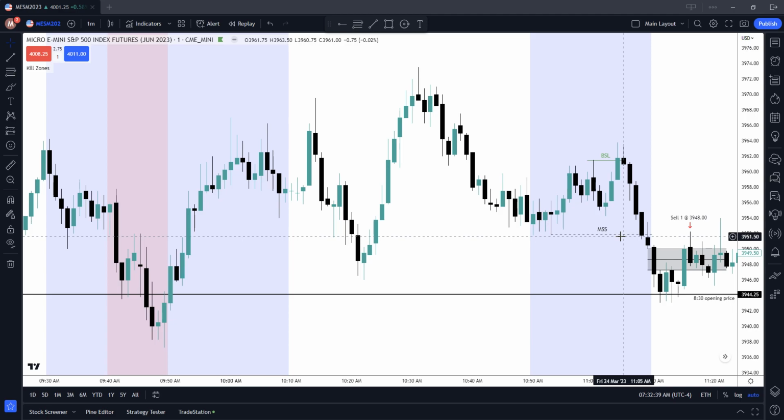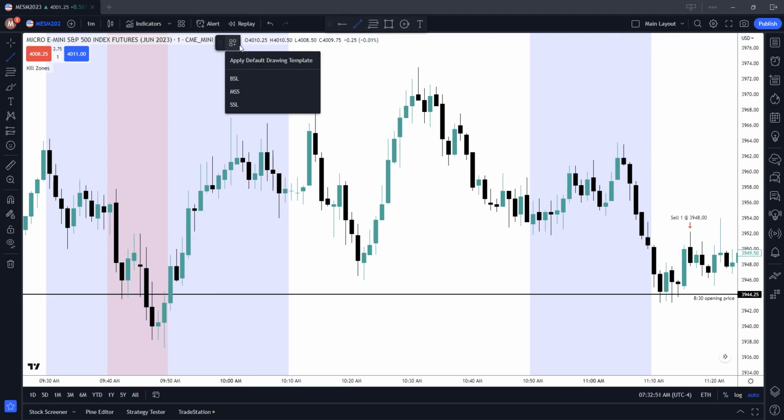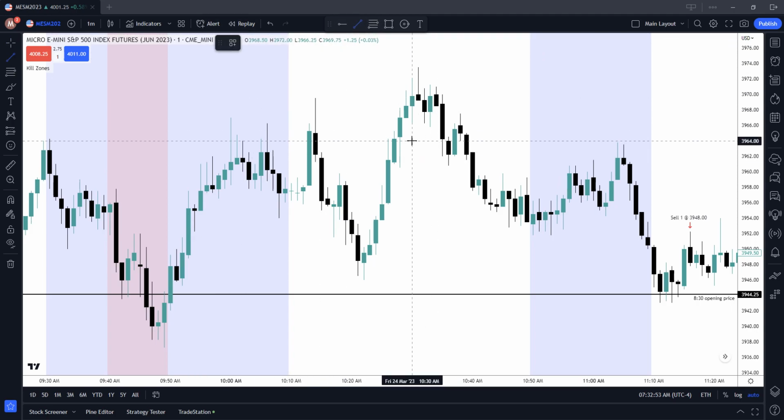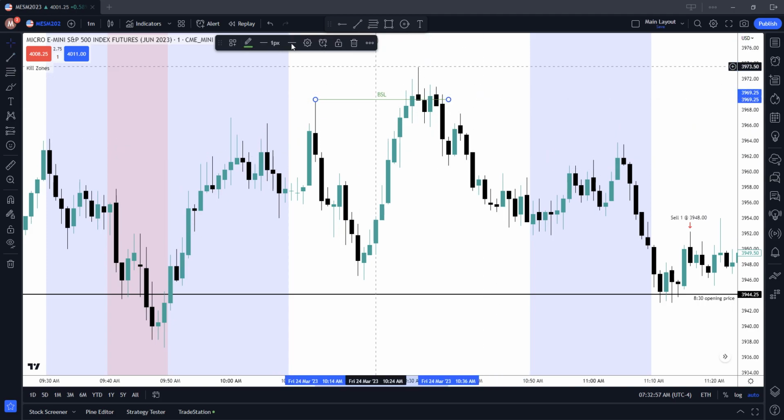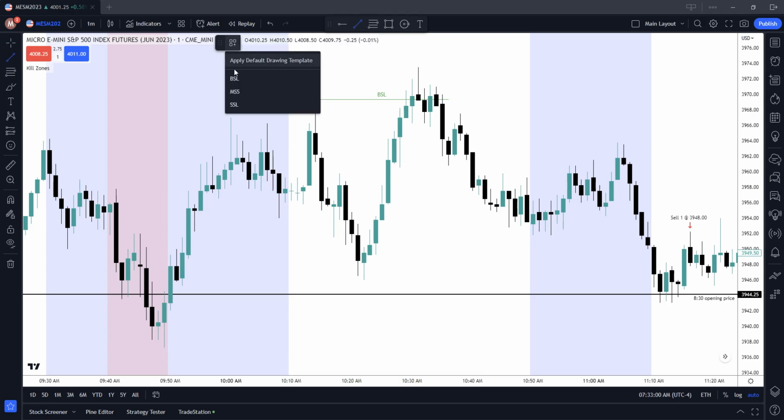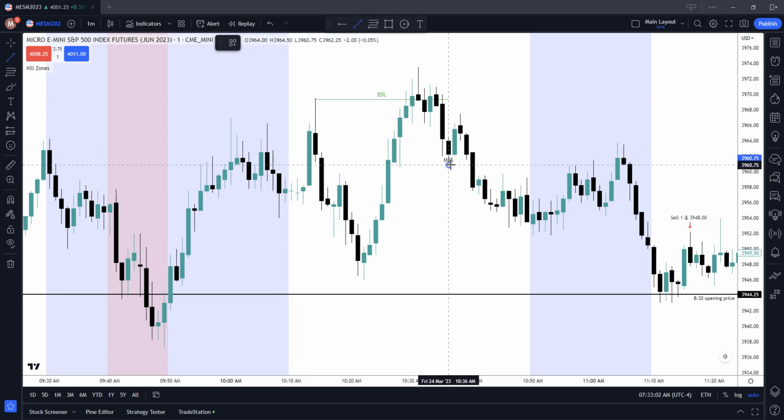But what I failed to realize here, this was my setup, was that I had already missed the play. The actual play was buy-side liquidity right here, market structure shift right here, fair value gap.